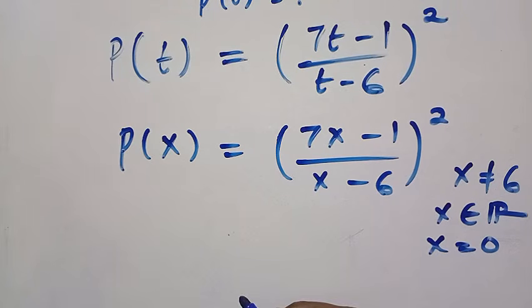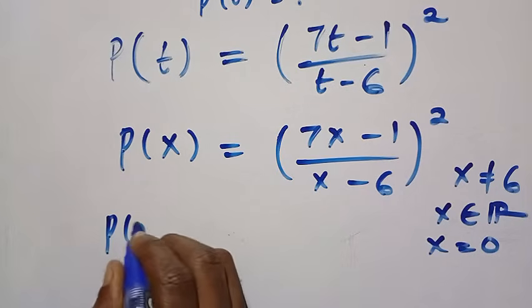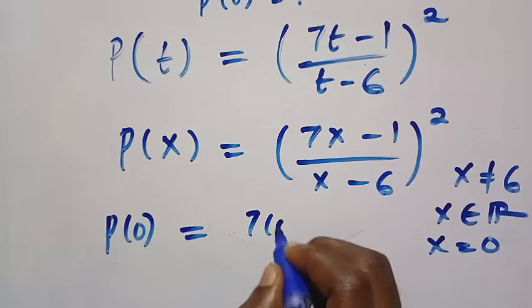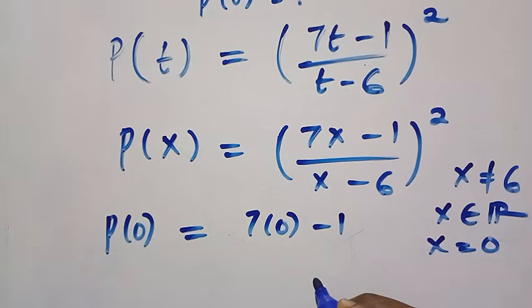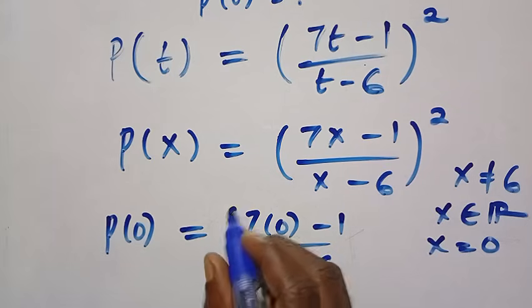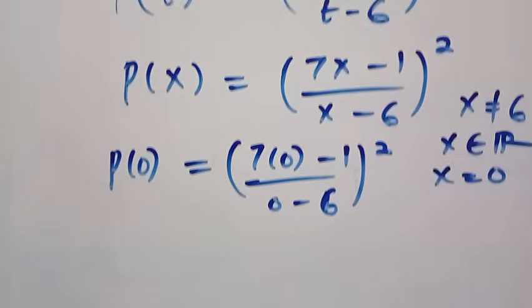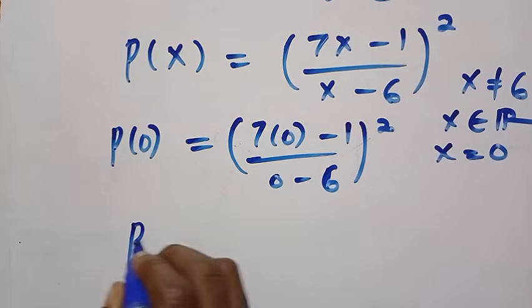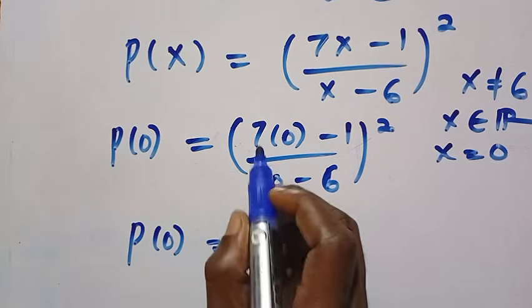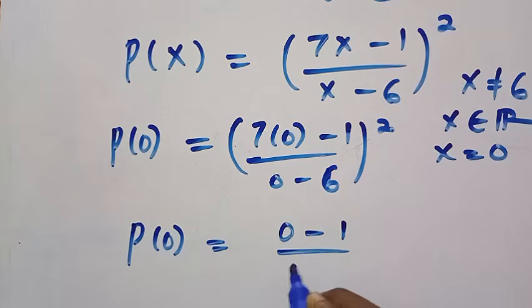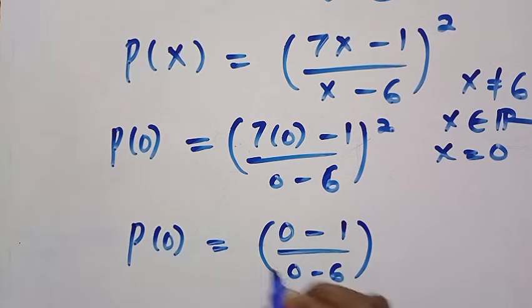So at x equals 0, we are going to have P of 0 equals (7 times (0) minus 1) divided by (0 minus 6), all raised to the power of 2. When we expand further, we have P of 0 equals (7 times 0, that is 0, minus 1), divided by (0 minus 6), all raised to the power of 2.